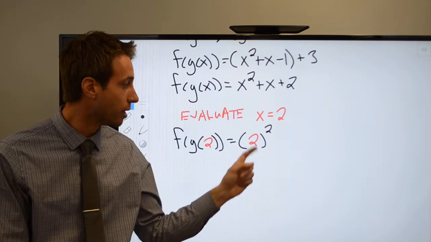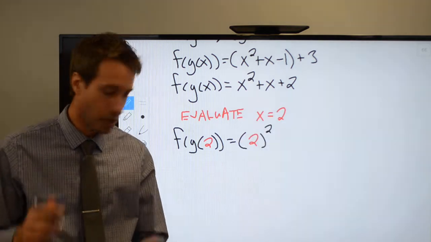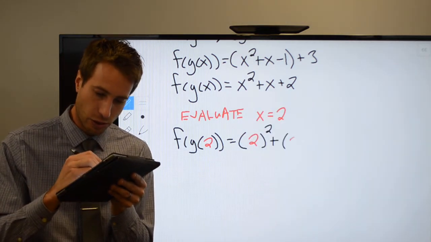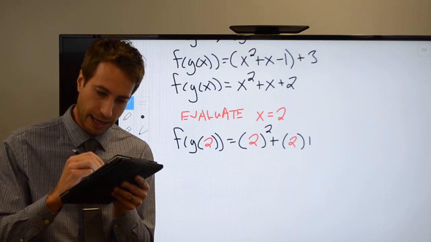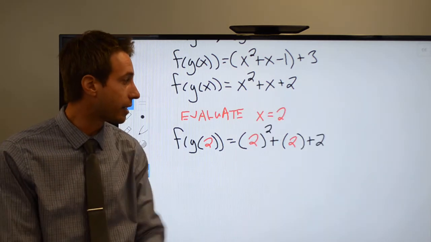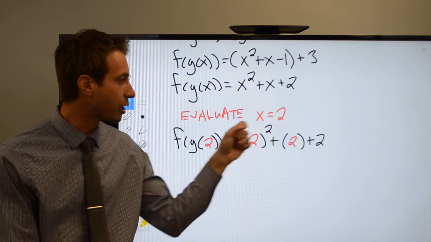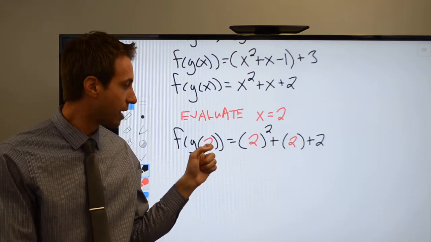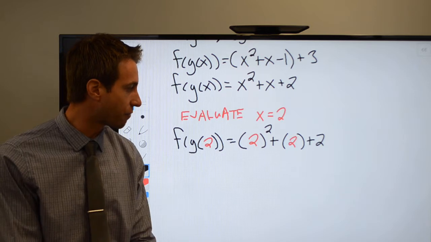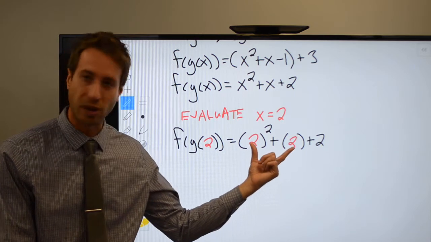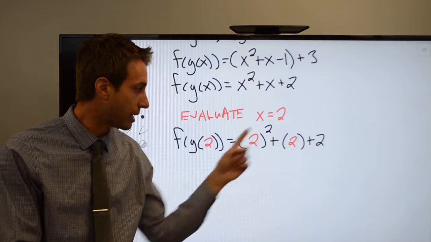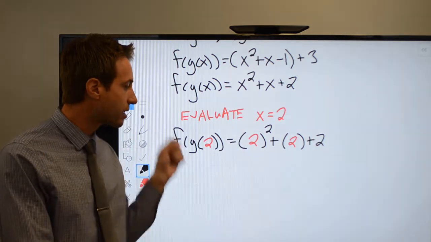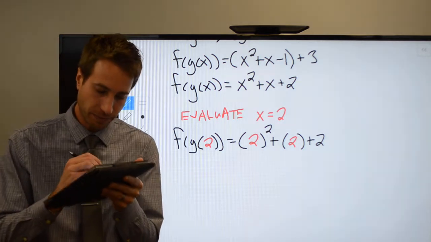I plug a 2 in for x, and then I have another x right there, so plus 2, and then I got that plus 2 out here on the end. So all I've done is to evaluate x equals 2, that's the domain value that I'm plugging into this composite function. So everywhere I have an x, I plug in that domain value. We now evaluate to figure out what the range is for this composite function.